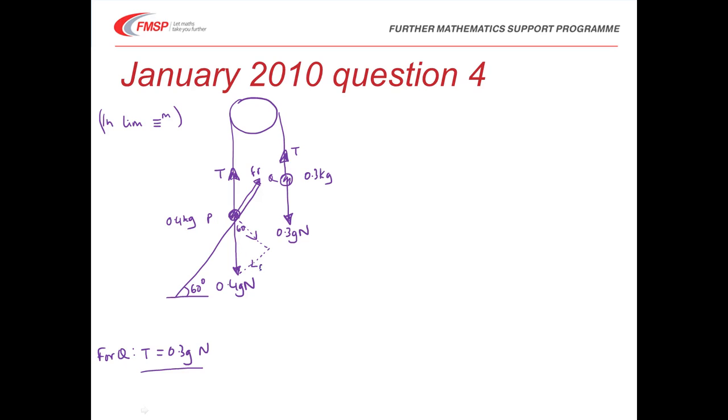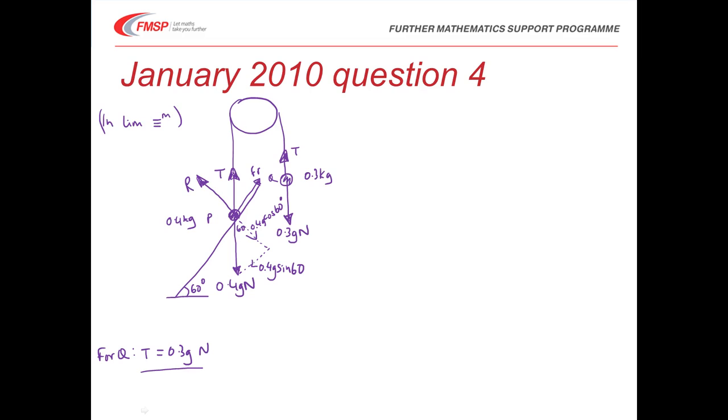And that gives me 0.4g sin 60 for the component opposite the angle, and 0.4g cos 60 for the component next to the angle. Of course, because it's resting on the plane, there's also a reaction force perpendicular to the plane.